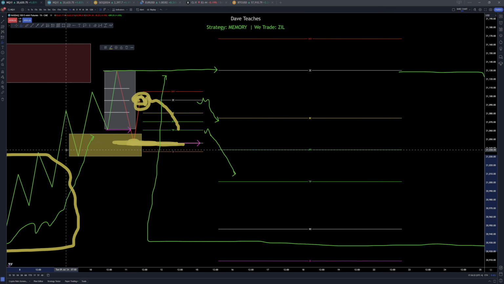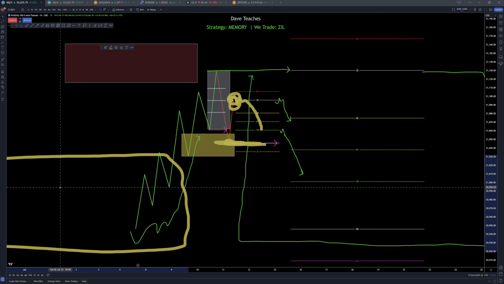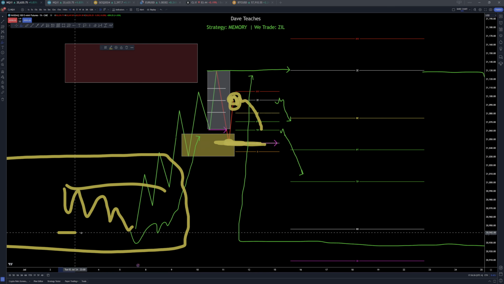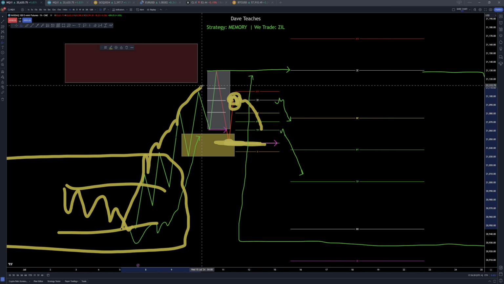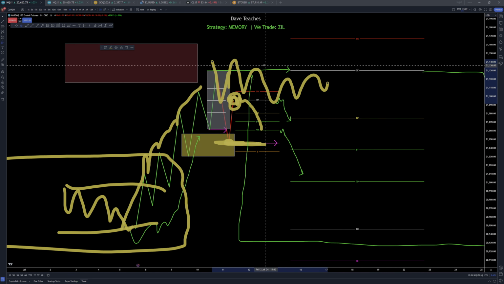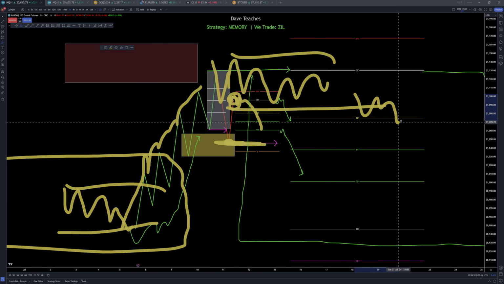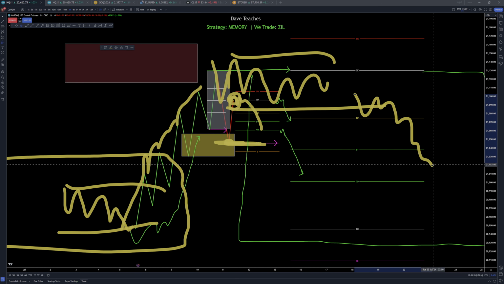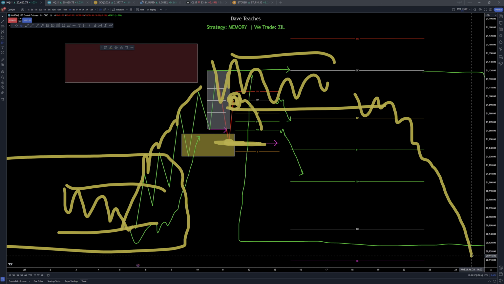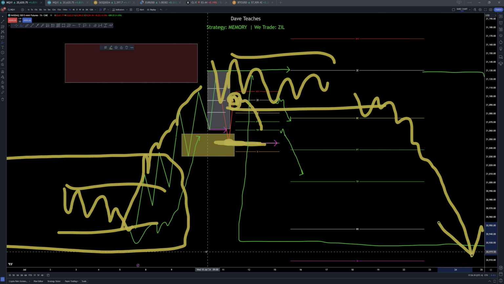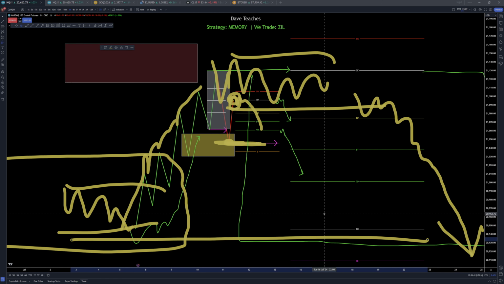So what it looks like is it consolidates. It trends. It consolidates. It pulls back. But that pullback could end up being a reversal should price want to go down all the way to the low.